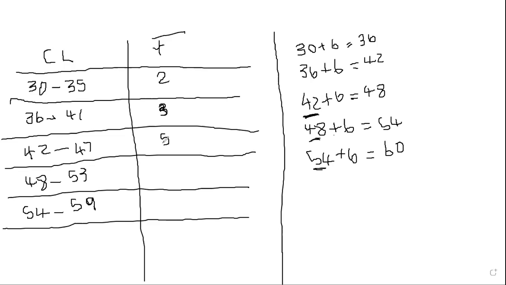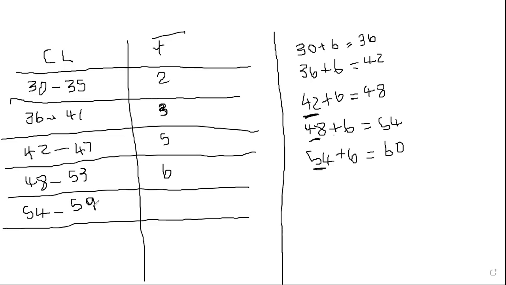I'm having 53. Fourth row, I'm having 51 again. So meaning I'm having 6 values. So my frequency will be 6.